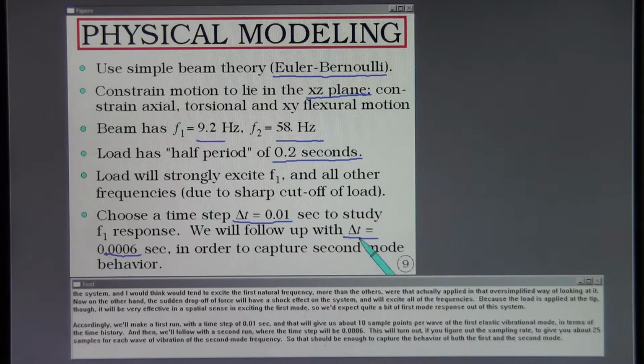This will turn out, if you figure out the sampling rate, to give you about 25 samples for each wave of vibration of the second mode frequency. So that should be enough to capture the behavior of both the first and the second mode.